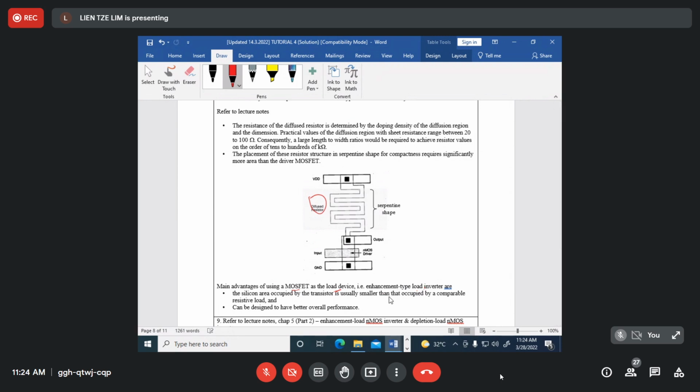With the MOSFET as the load, the silicon area occupied by the transistor is usually smaller than that occupied by a comparable resistive load. And this enhancement type load inverter can be designed to have better overall performance. So this is the answer for question 8.